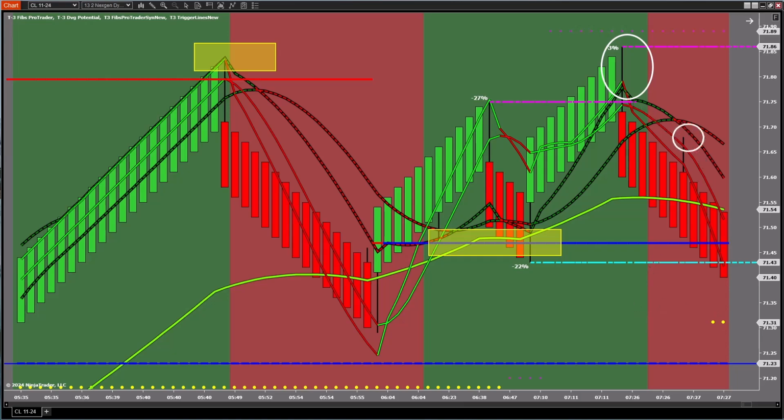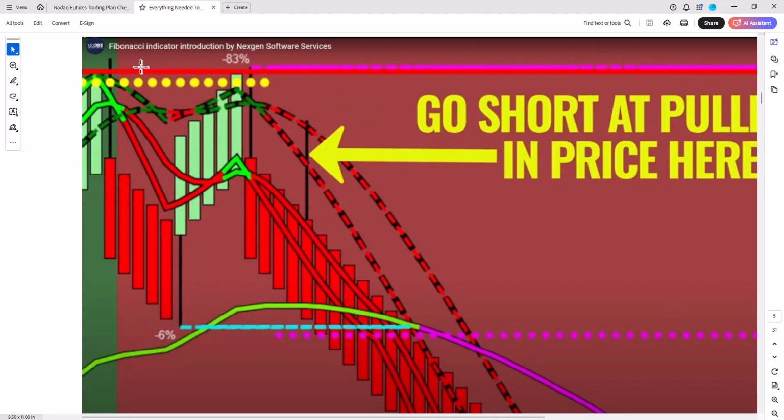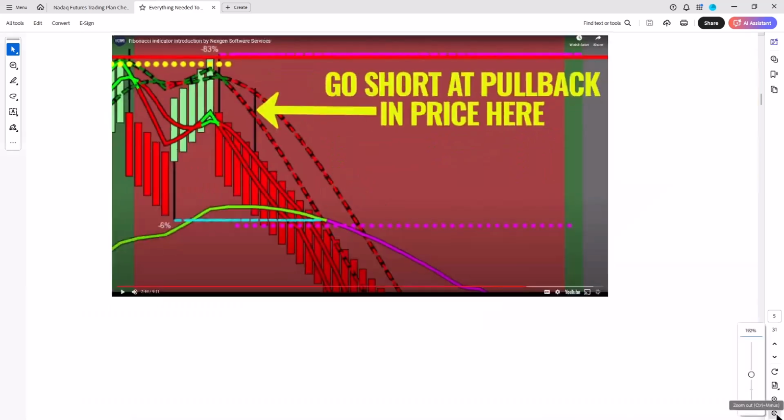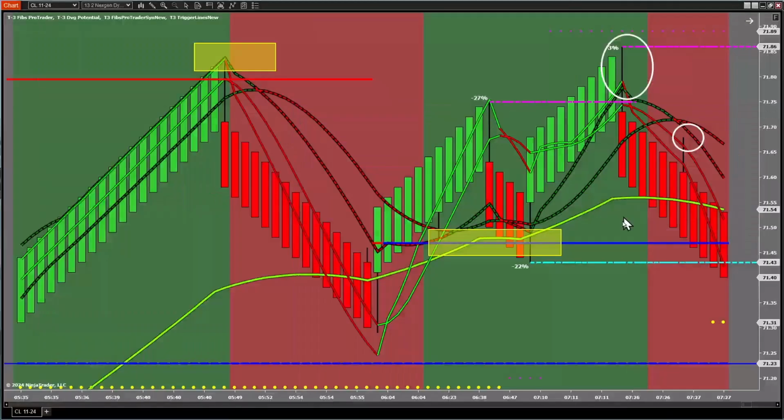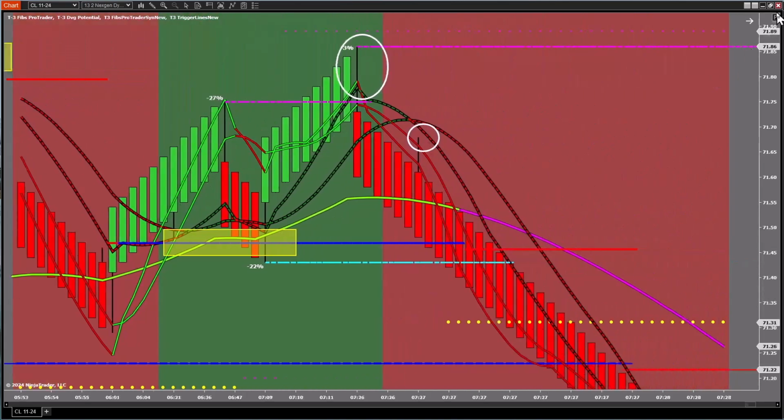I mean, doesn't that look almost identical to this? It's a retest of an area, the triggers roll over, we're going to look to go short. That's right out of the guide, but when you see it in the real world, it looks just like this. We have pivot stop out at termination, triggers roll over, and we can take a short trade.